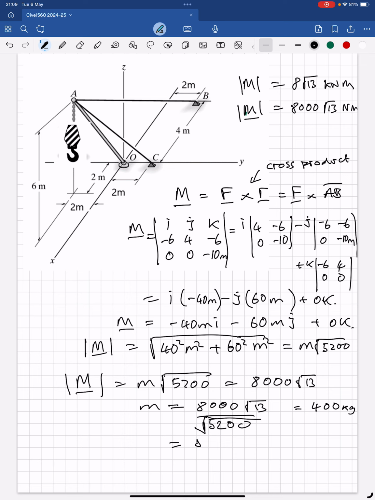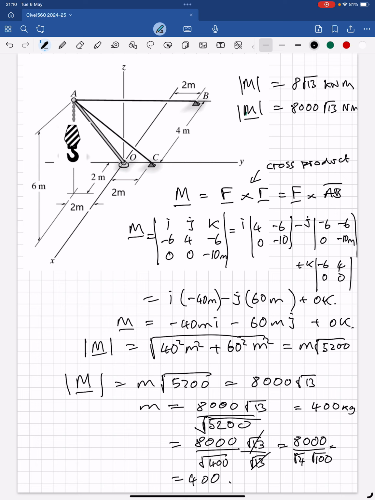We've got 8,000 root 13 over, well, there's various ways of doing this, but we could write root 400 root 13, cancel those, and that'd be 8,000 over root 2 root 4 root 100, and that can easily cancel down to 400.